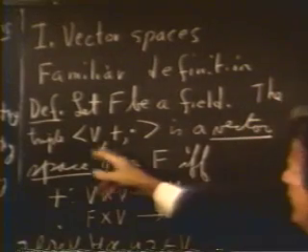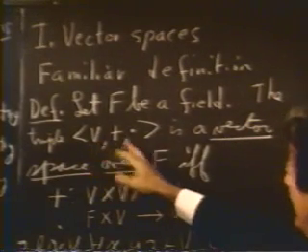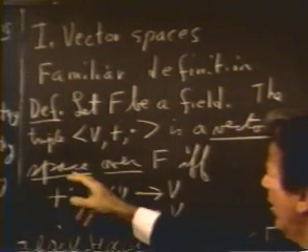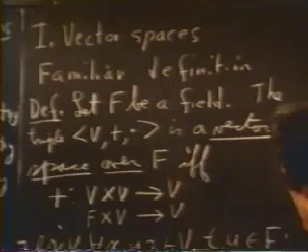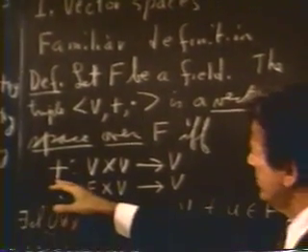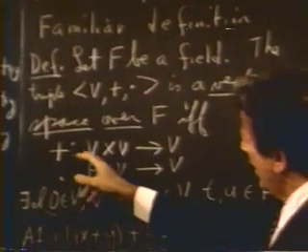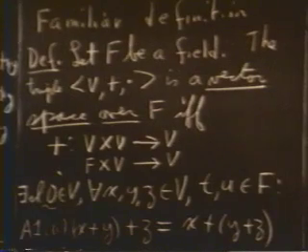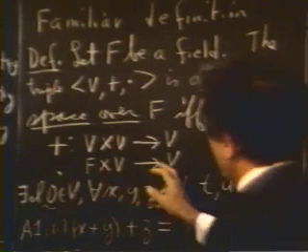The triple V, which is a set, and the two operations plus and multiplication constitute a vector space over F if and only if, first, the addition is a closed binary operation from V cross V to V, and multiplication is multiplication by a scalar.